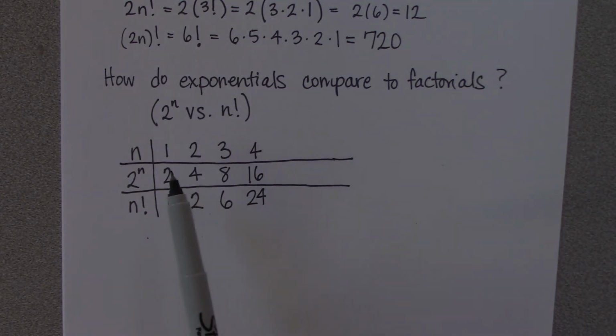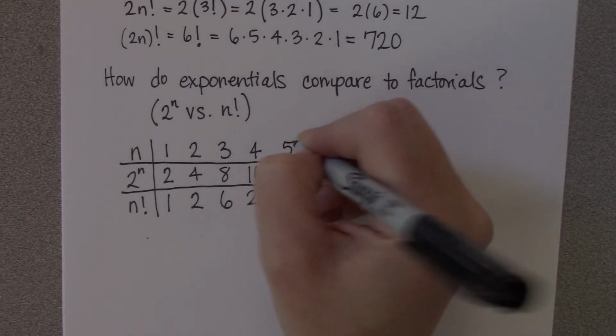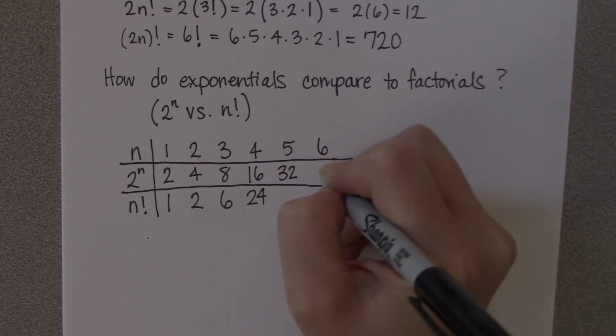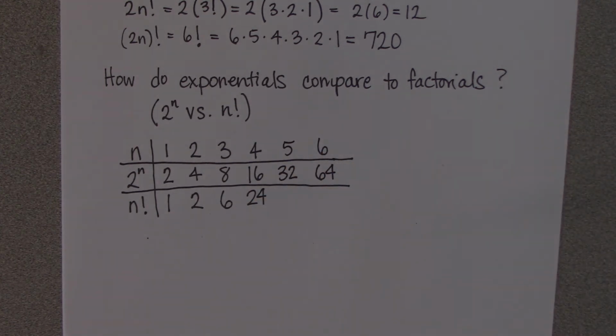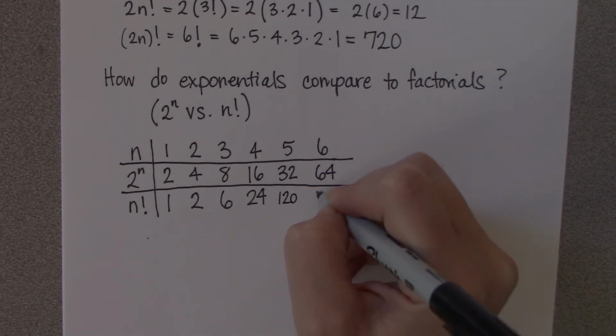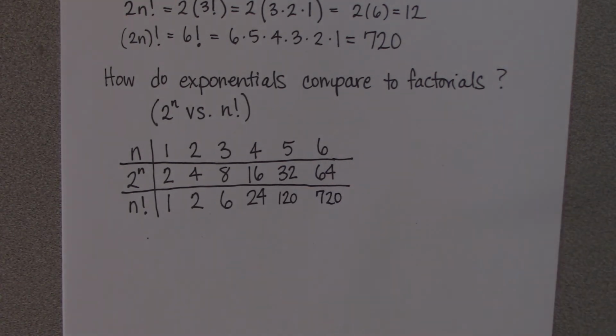So notice, it looks like the exponential's winning early on, right? But then look what happened here. The factorial overtook the exponential. So let's look at 5 and 6. So 2 to the 5th is 32, 2 to the 6th is 64. 5 factorial is 120, and we already saw just a second ago that 6 factorial is 720.